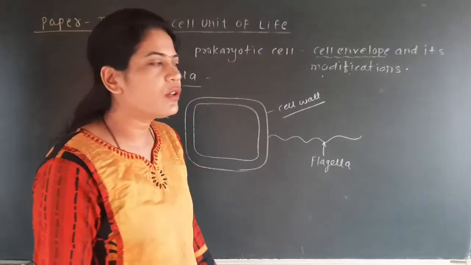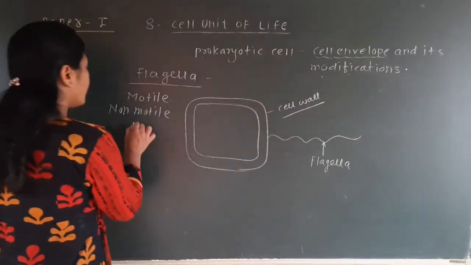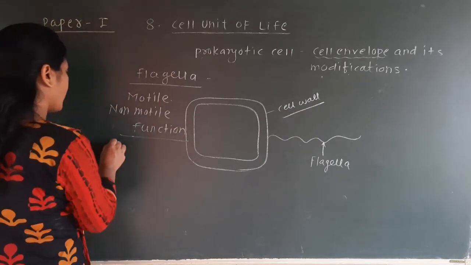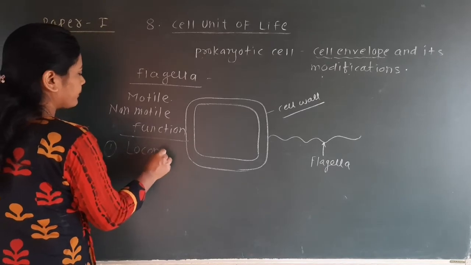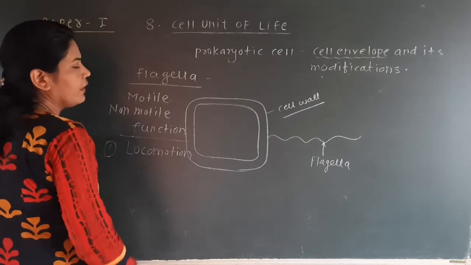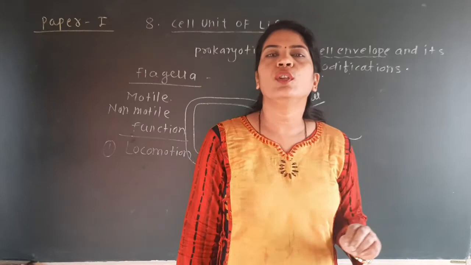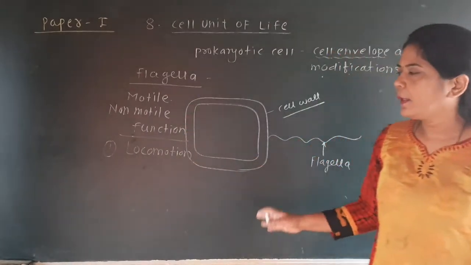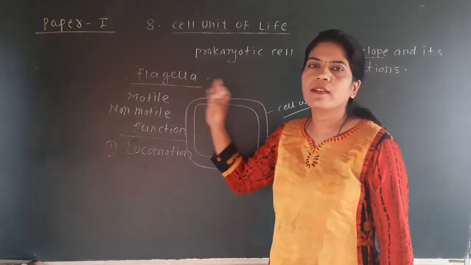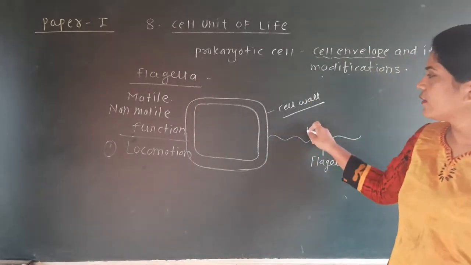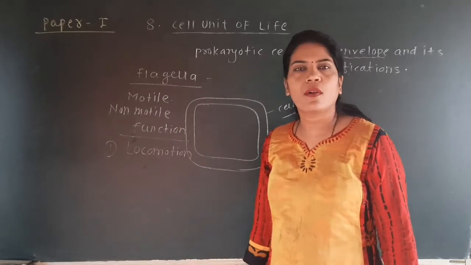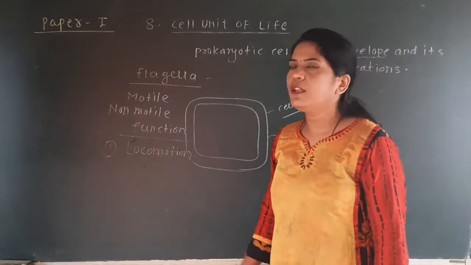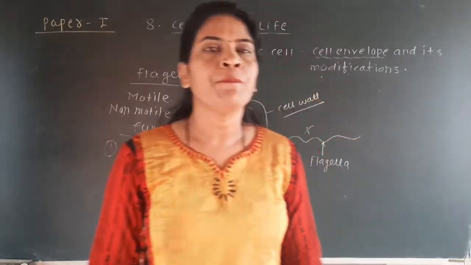What is the function of this flagella? It is responsible for the locomotion or the movement of bacteria. So if flagella is there, that bacteria is called motile. If flagella is not present, that bacteria is called non-motile. The main function of the flagella is the locomotion or motility of the bacteria.